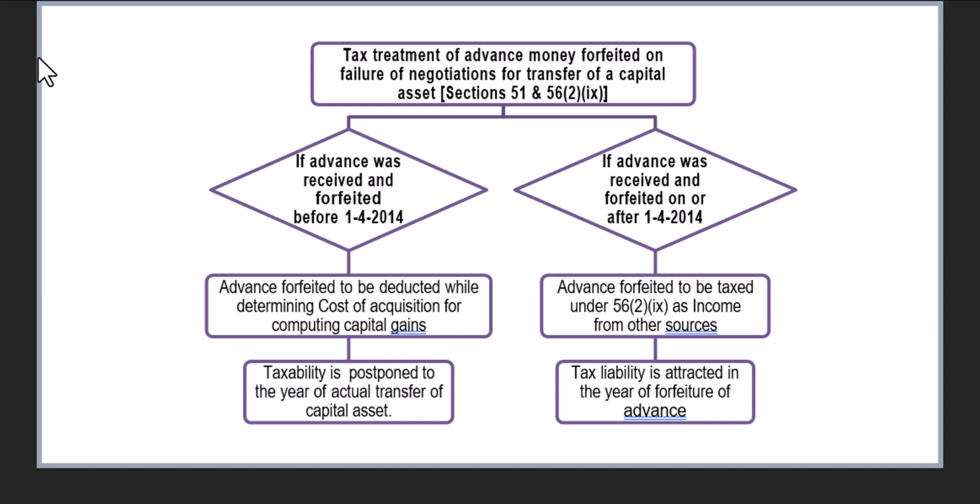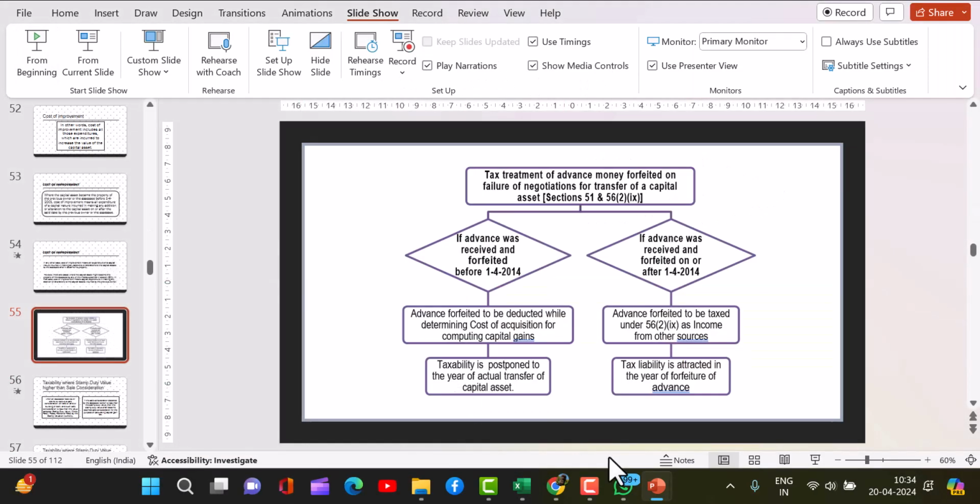But if the advance was received before 2014, now that 2014 has already gone by, it is academic in nature only. But you might have received an advance before 2014 and be selling now, as in this question. In that case, you have to reduce the cost of acquisition. Okay, fine. So that is exactly what we have done.